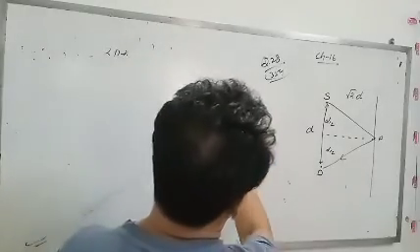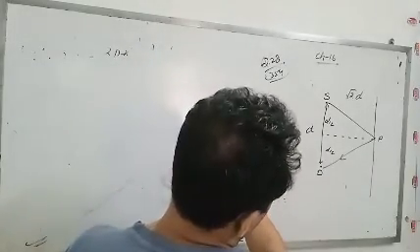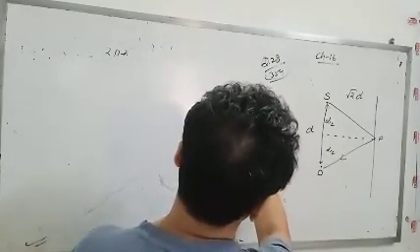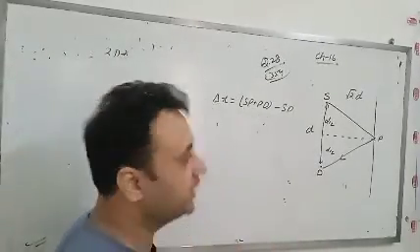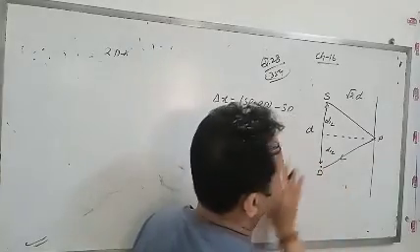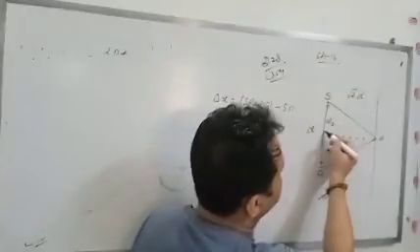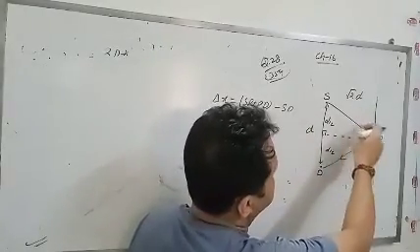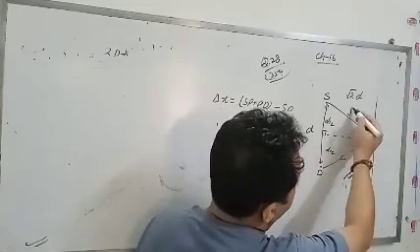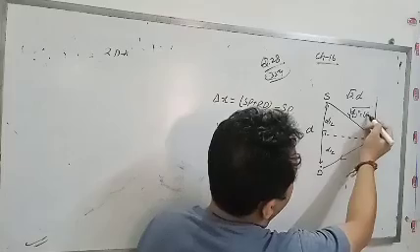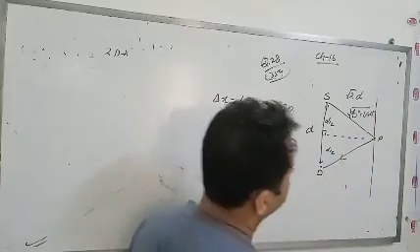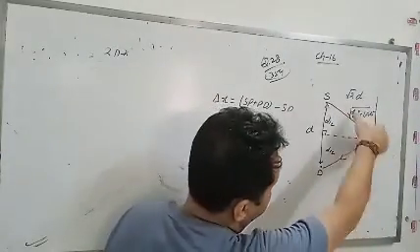So what is the path difference? Initially, delta x will be equal to SP plus PD minus SD. According to the Pythagoras theorem, SP and PD will each be equal to the square root of (d by 2) whole square plus (root 2d) whole square, and both are equal to each other.